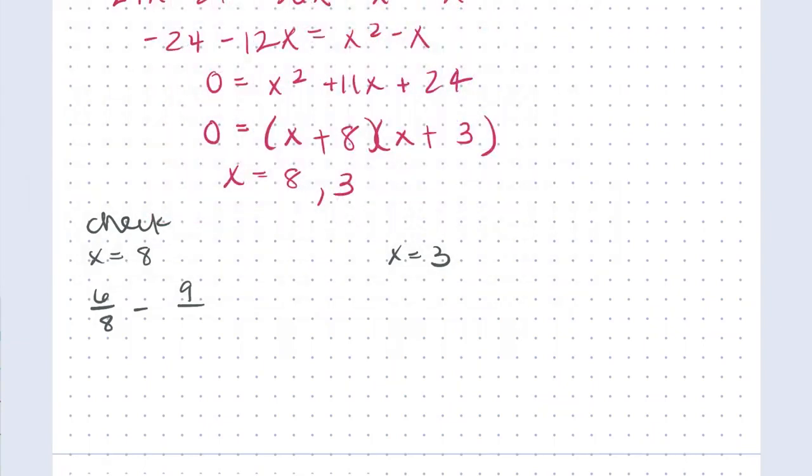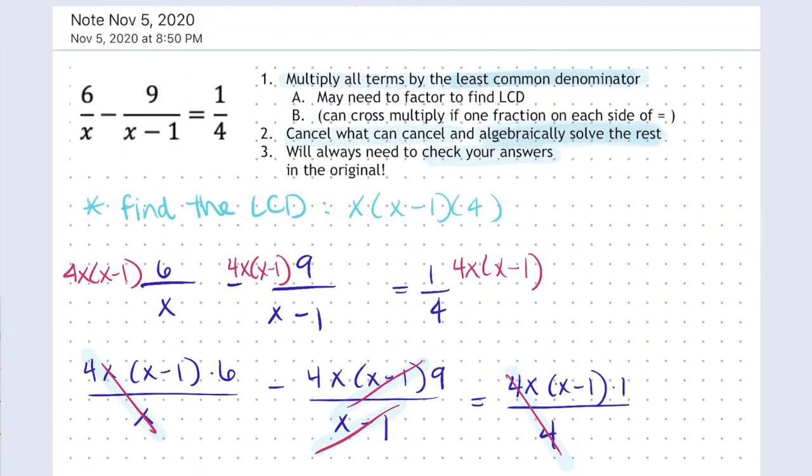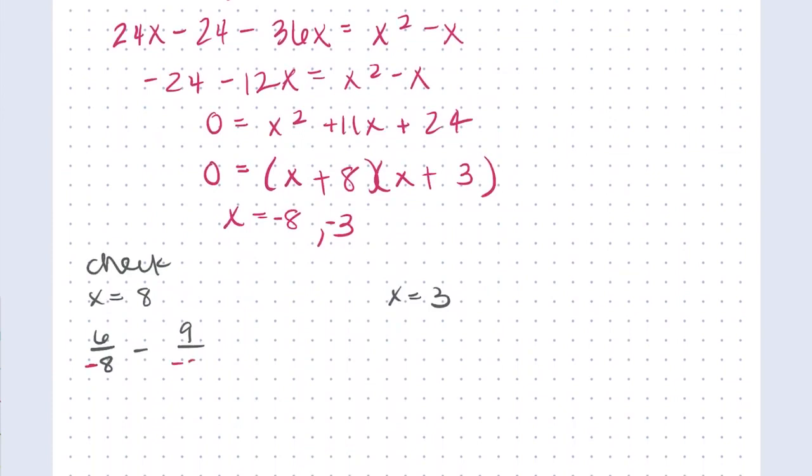Because it's multiplying to a positive. So it'll be negative 8 and negative 3. So it's going to be negative 6/8 minus, that's going to give us that. So that'll be negative 3/4 plus 1, which is 1/4.